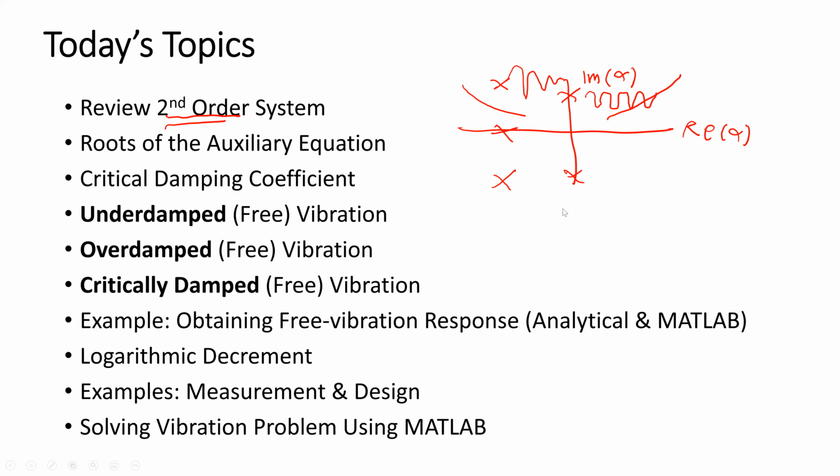We also talked about the auxiliary equation, that we can find the root of it and categorize the type of the free vibration. Today we will review these two topics, but we won't spend much time on this.